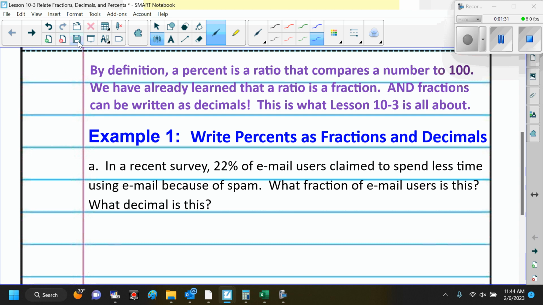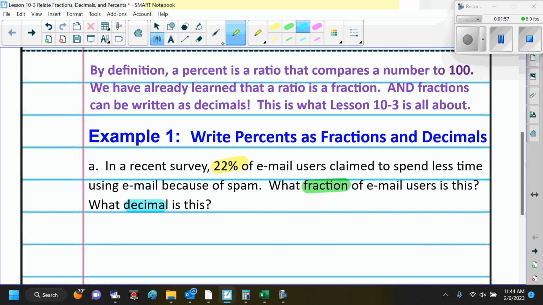And we want to know what decimal is that, okay? So, we're starting with 22%, okay? And we want to change that to a fraction, and we want to change that to a decimal. Is everyone with me?